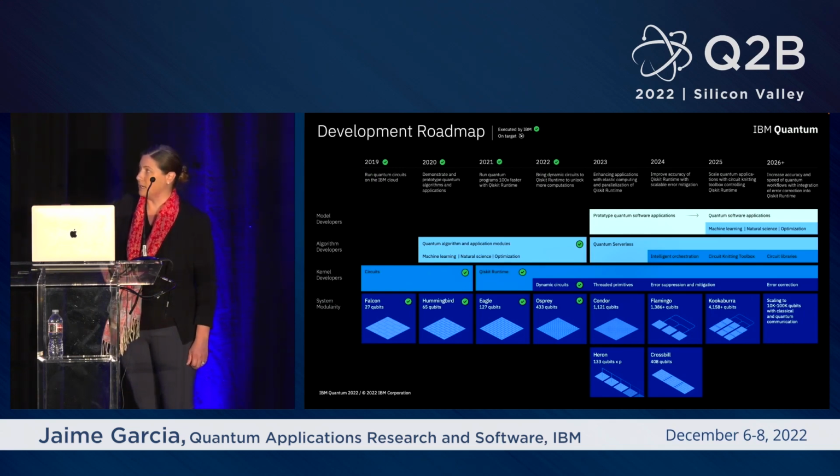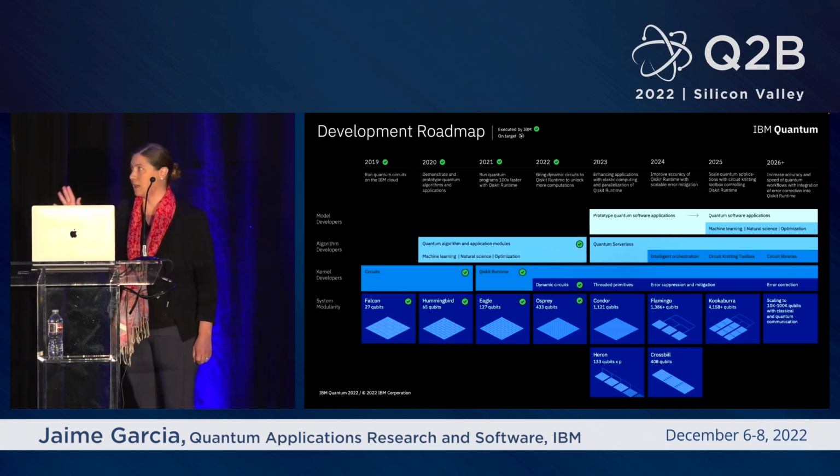And as you can see, this next year, 2023, 2024, 2025, we're really starting to develop out this quantum serverless layer that has things like the circuit knitting toolkit, so different tools to really help push the research along that's needed for circuit knitting, circuit cutting, embedding, et cetera.